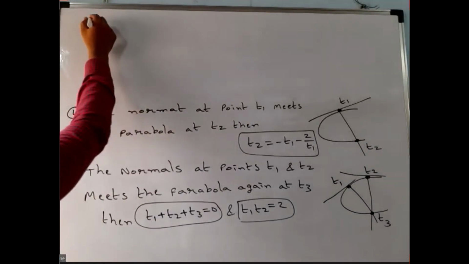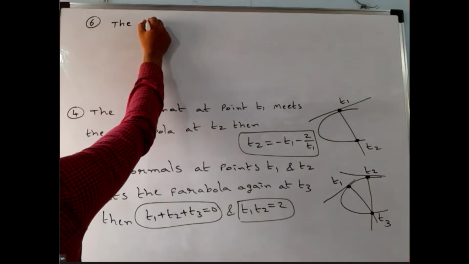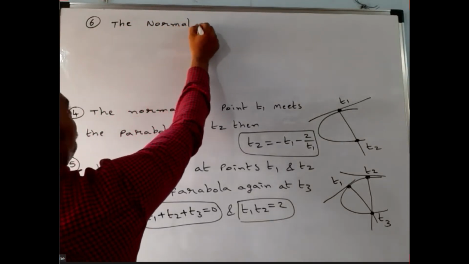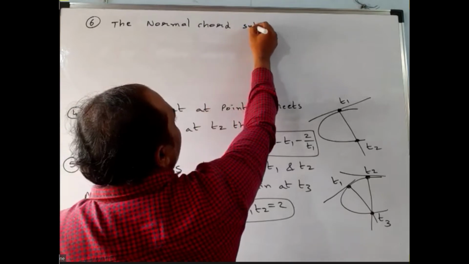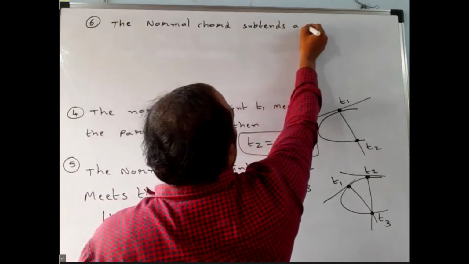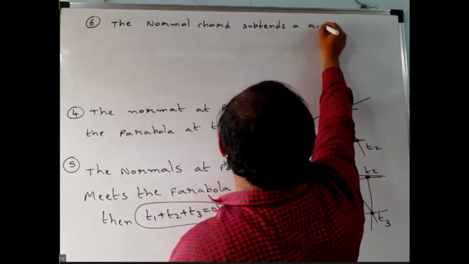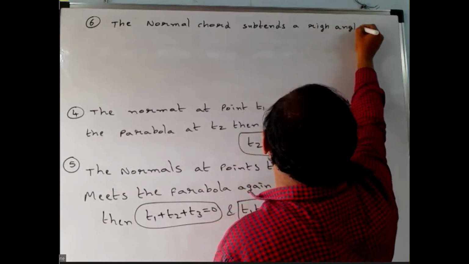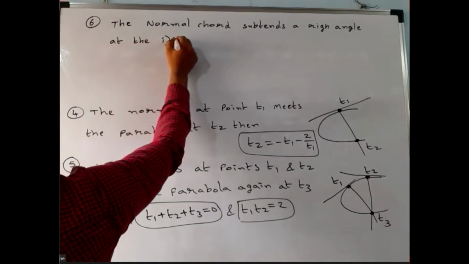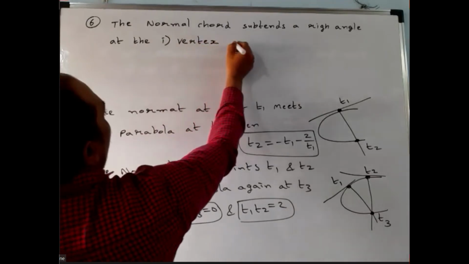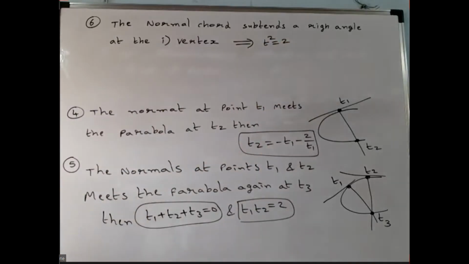Students, sixth concept. Write down. The normal chord subtends a right angle at the vertex implies t square is equal to 2.